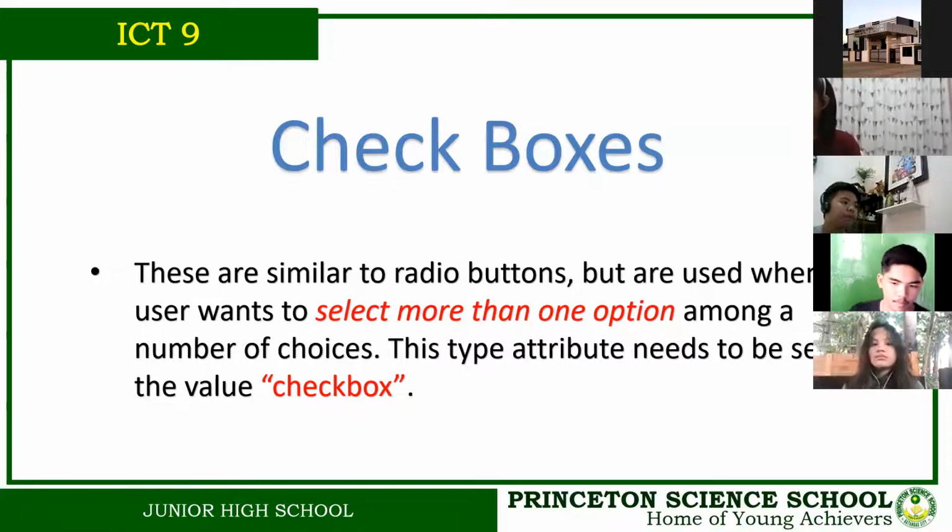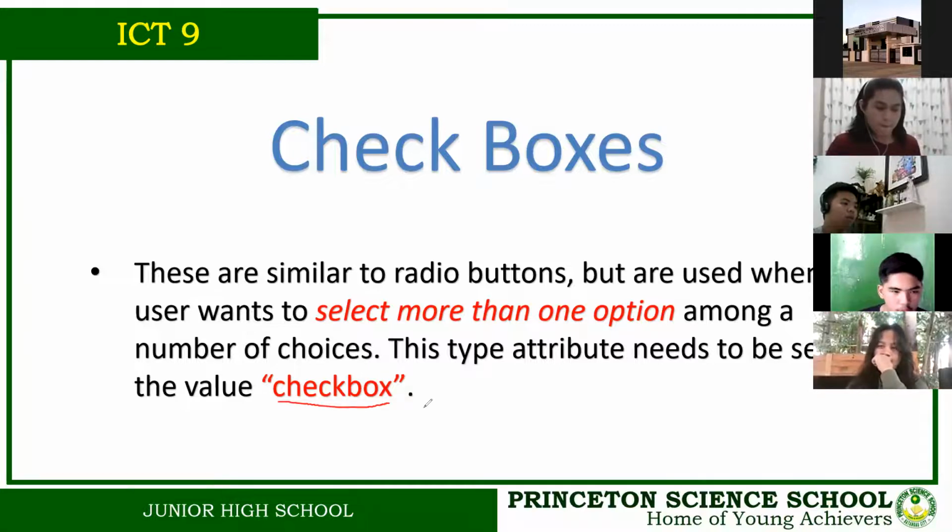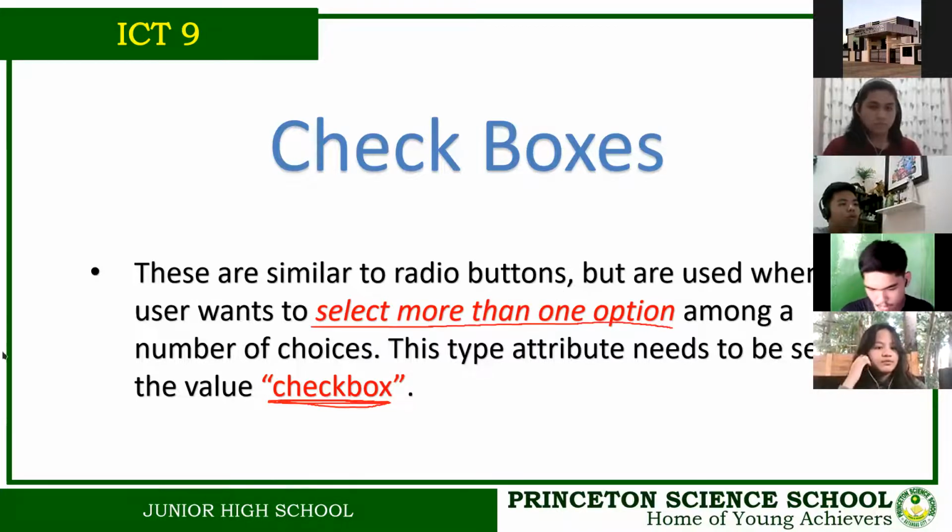If earlier for radio button we set it to radio, for the checkboxes we will set it into checkbox. Its purpose is to have more than one selection among the options.